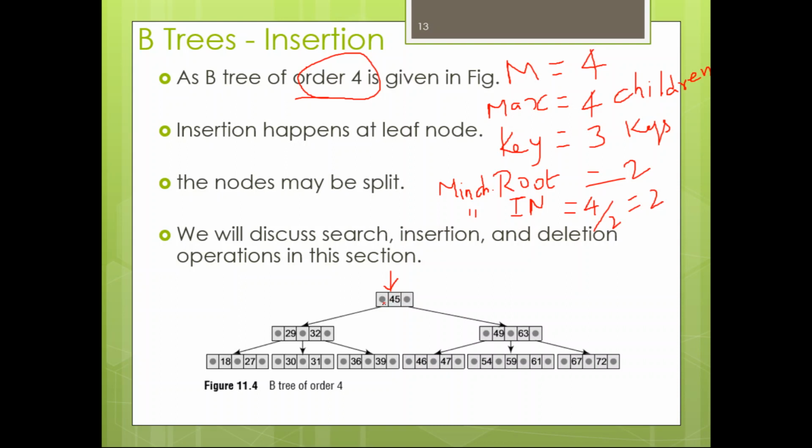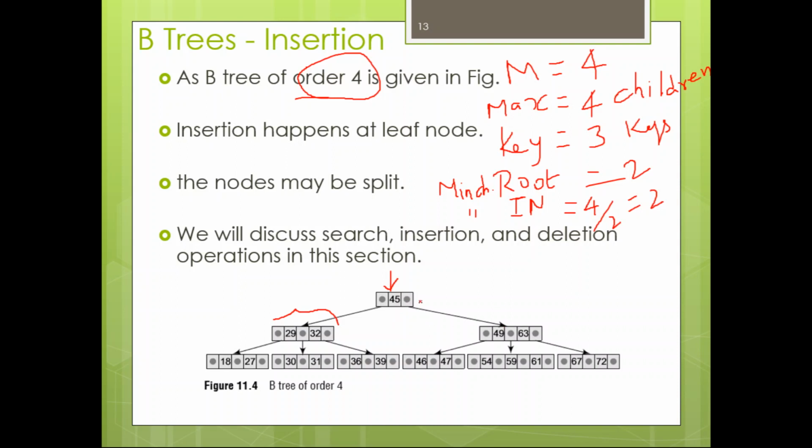The node to the left of 45 contains the values 29 and 30, which are lesser than 45. It should be like that in a B tree, because it is basically an extension of a binary search tree.